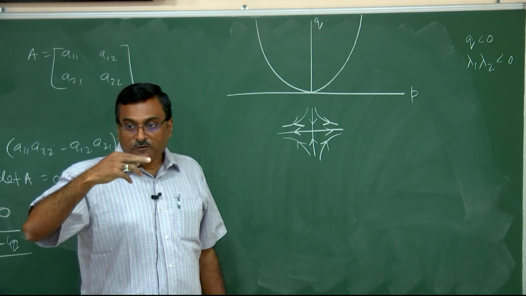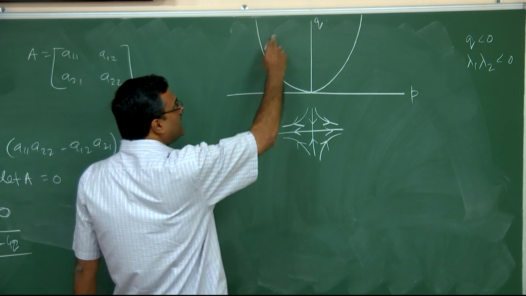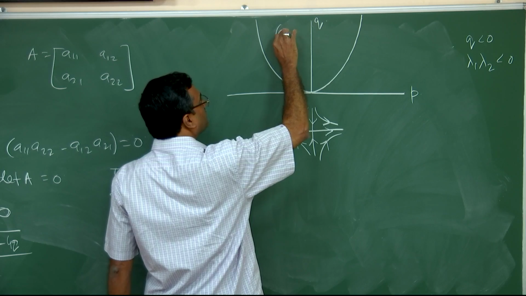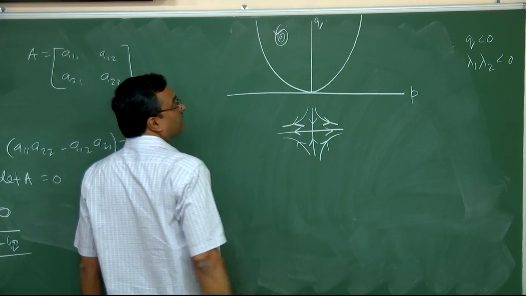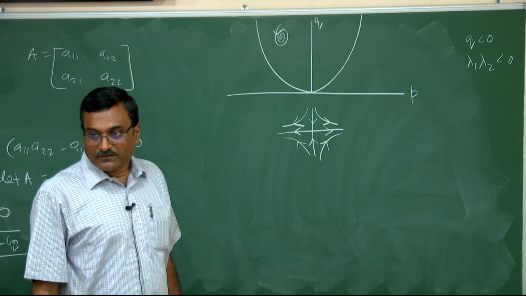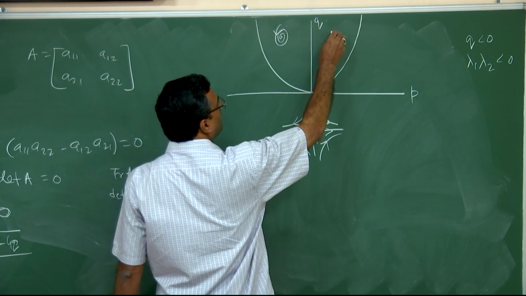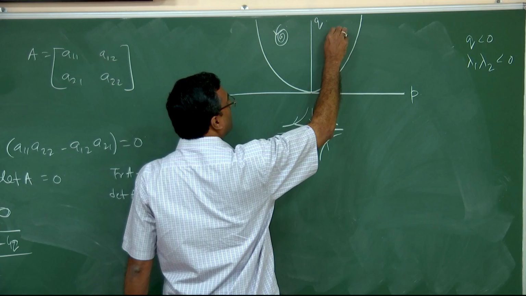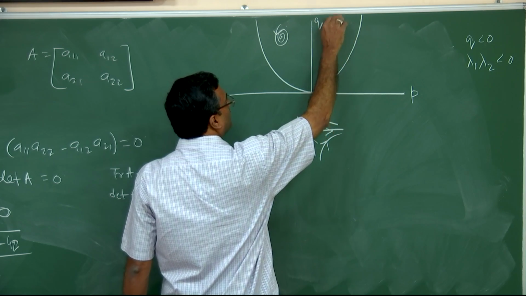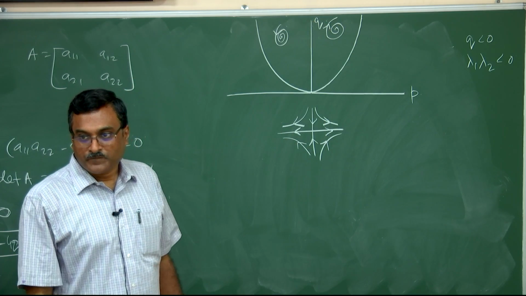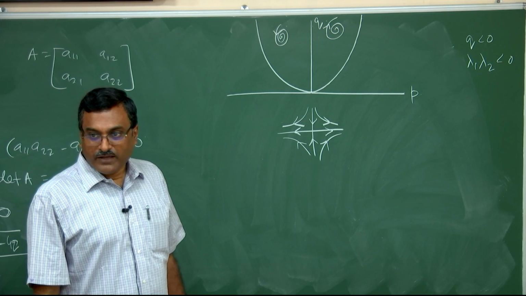So if your p and q lie in this particular domain, you will have this kind of phase portrait here, right? Similarly, if your pq is within this domain, it will look like this one, but it is unstable, right?